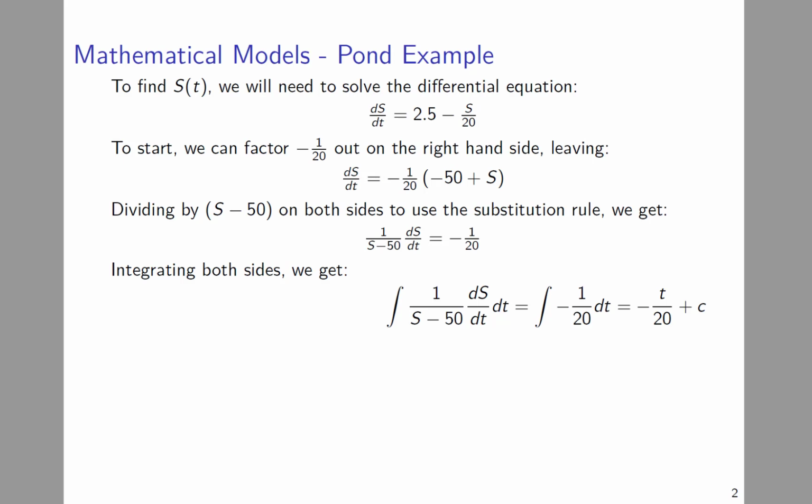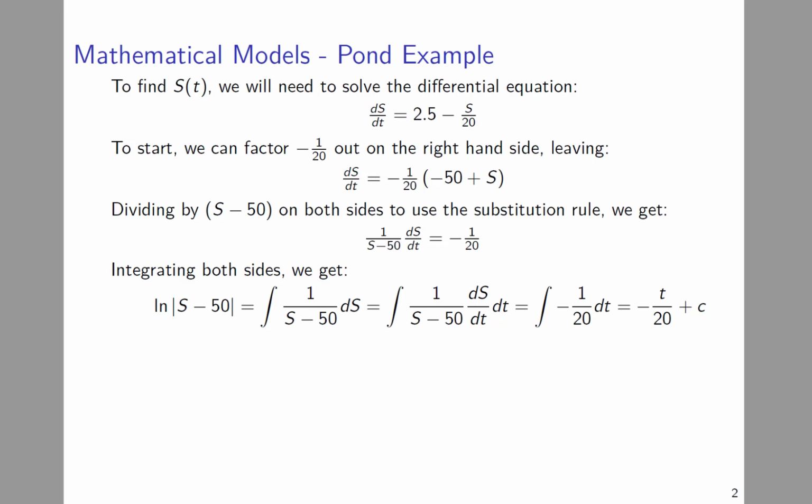On the left-hand side, we'll want to use the substitution rule, which says that this integral reduces down to the integral of 1 over S minus 50 dS. And here we can do another simple substitution where u equals S minus 50 and have the integral of 1 over u du, which gives us the ln of the absolute value of S minus 50.